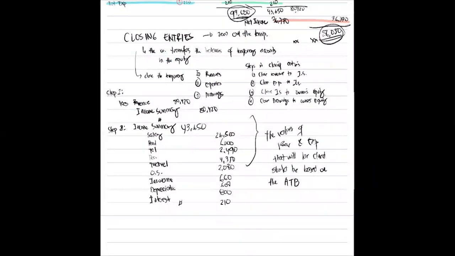And then, we need to close the income summary to your owner's equity. So, step 3. So, ano ba yung balance ng income summary natin? So, we have here income summary, 80,420 and then 43,650. How much is the balance? 36,770.